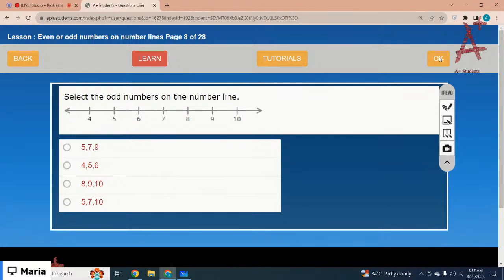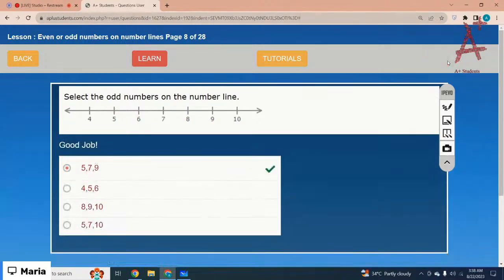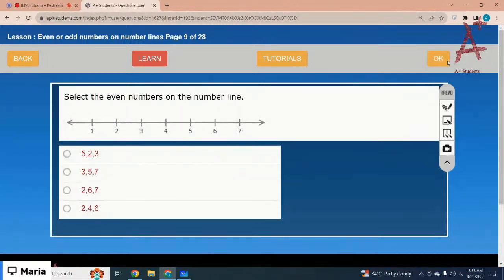They are 5, 7, and 9. Option number 1 is the correct option. Select the even numbers on the number line. So, which is the correct option? The correct option is 2, 4, and 6.